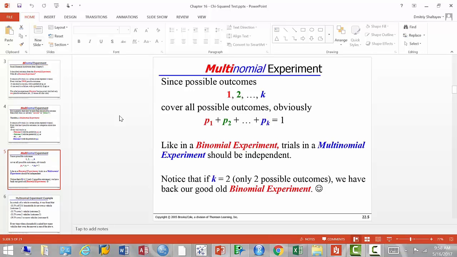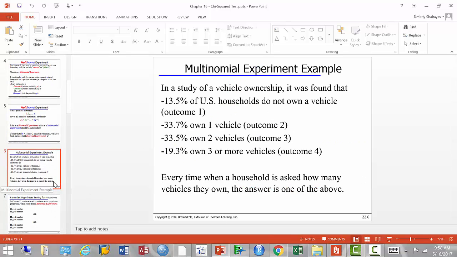So one of the requirements is that probabilities for all these different independent outcomes have to add up to 1, indicating certainty, right? So, for example, how many cars can people, families, or households have?